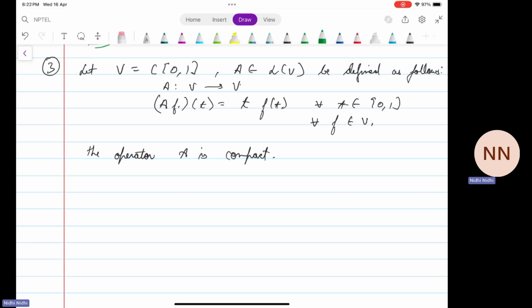That means if A of B01, where B01 is the closed unit ball in the domain, is compact in the range, compact in V, then we say that A is a compact operator. So let's see whether this is compact or not.